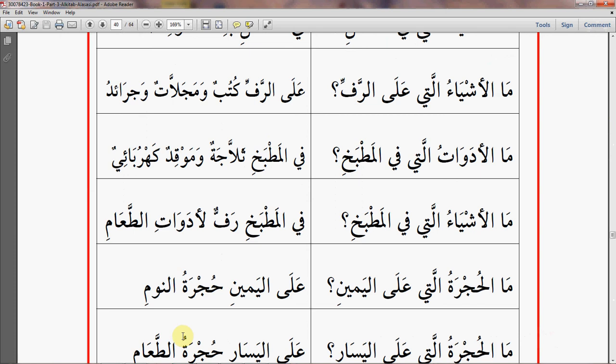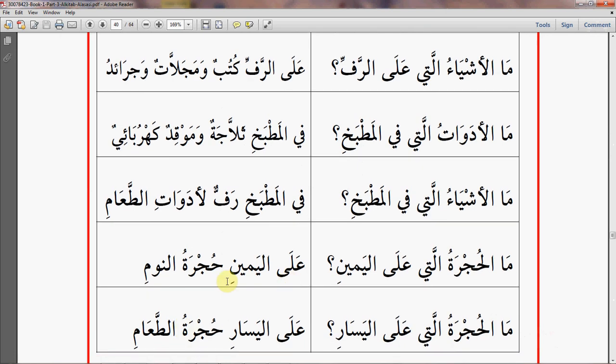في المطبخ ثلاجة وموقد كهربائي. Is that similar to على اليمين حجرة النوم? No. What is the meaning then of على اليمين حجرة النوم? It means that the bedroom is on the right hand side, but on the right hand side comes first. On the right hand side there is a bedroom. Okay? على اليسار حجرة الطعام.